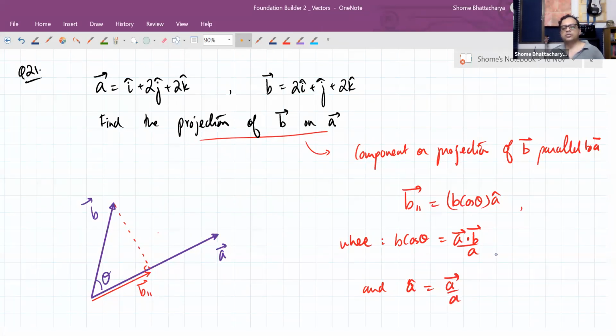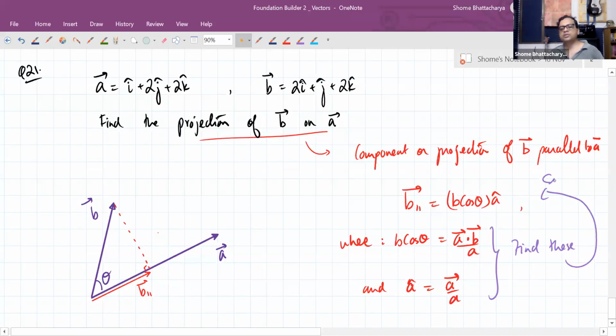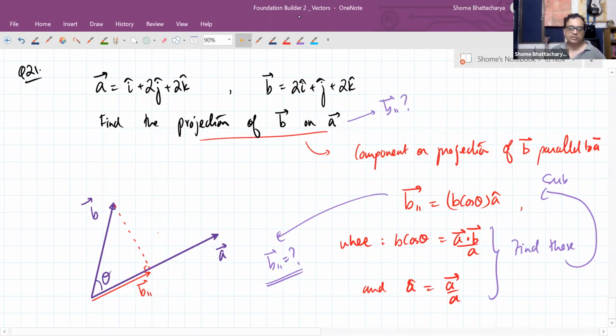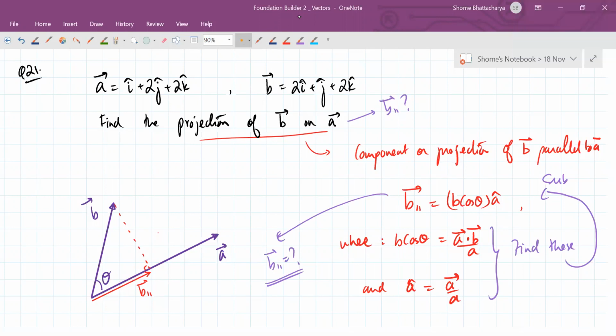Okay. So what you do is you find these, and then after finding these, substitute them here. So you will be able to find this. Okay. And this is what has been asked in the question. So now just use the method which we discussed in class, and work the steps out in between. Any more doubts in exercise 1, please send me. Otherwise, we'll move on to exercise 2 after this.